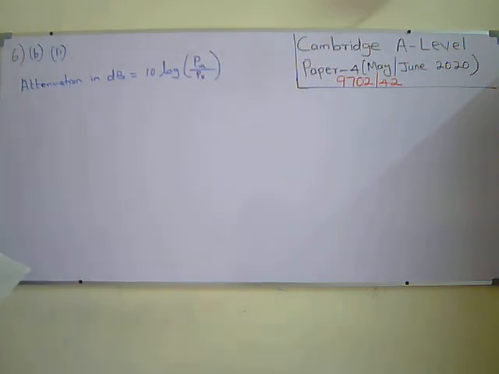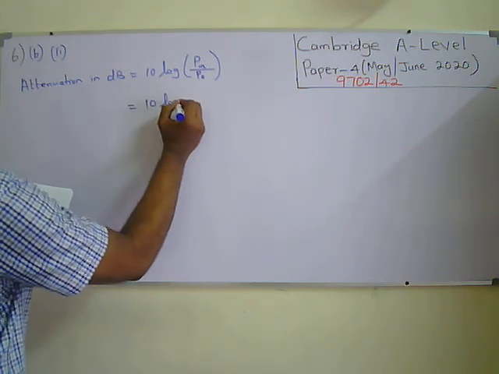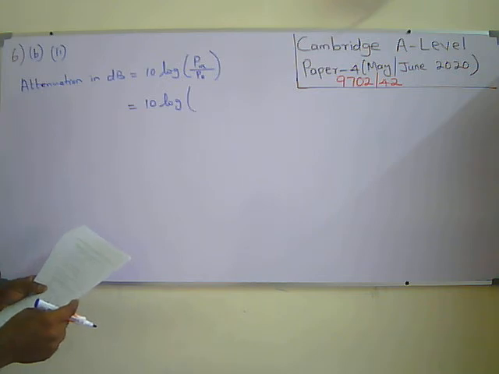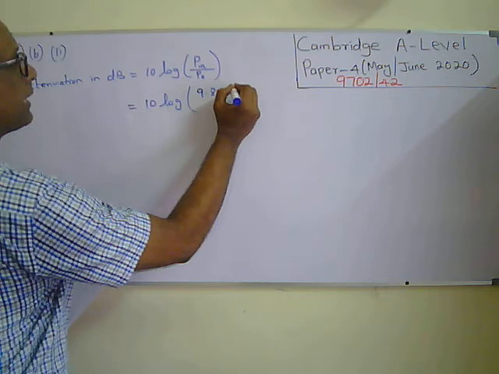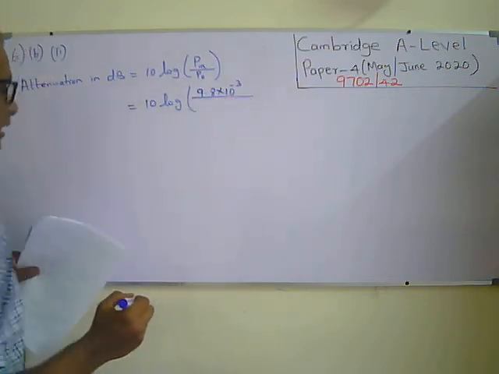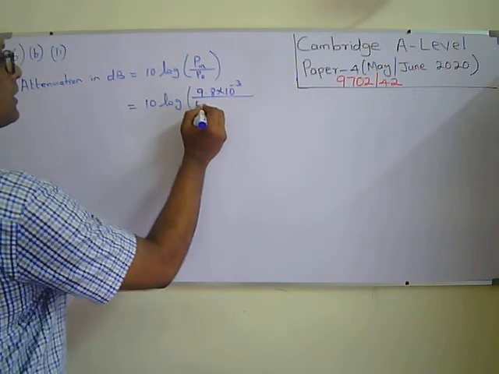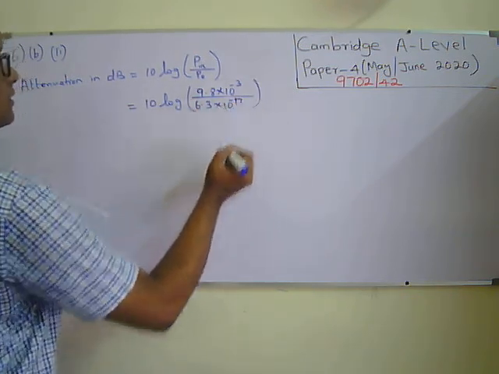The input power is given as 9.8 milliwatts, 9.8 × 10^-3, divided by the minimum output power, 6.3 × 10^-17.